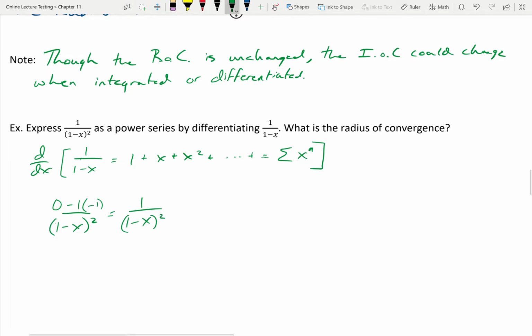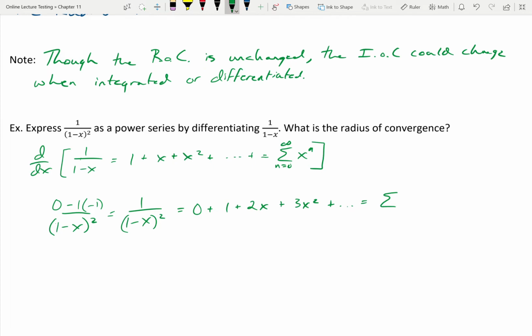So notice differentiation helped us there. Well, if we differentiate these terms, term by term, we're going to get 0 plus 1 plus 2x plus 3x squared plus so on. All right, and again, I'm starting at 0 here, so I need to make sure that that's a correct statement.